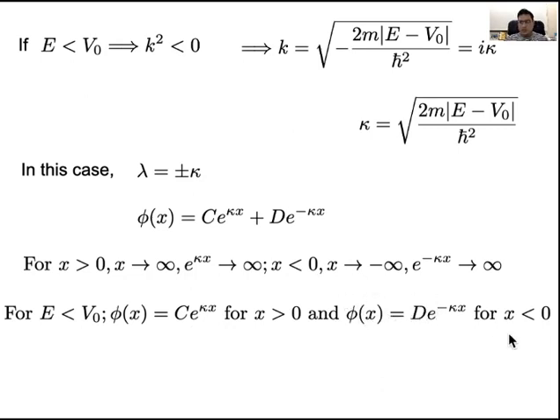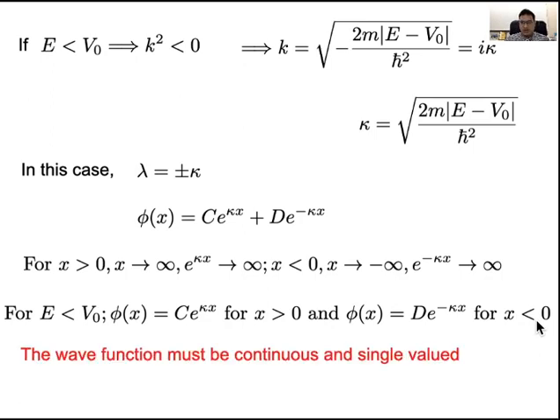So there are two wave functions in two spatial regimes, when x is negative and when x is positive. To write the wave function in a very effective way, we can write it in the following fashion, with the condition that the wave function must be continuous at the boundary, that is x equal to 0, and it has to be single valued.